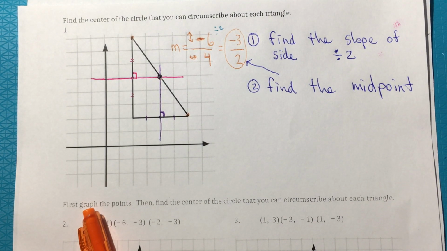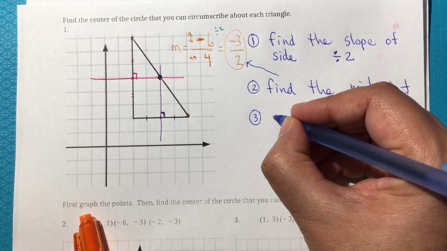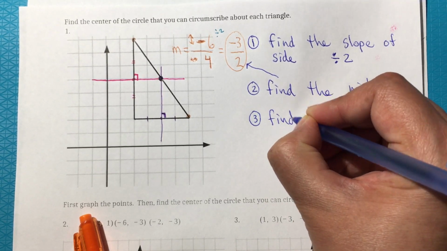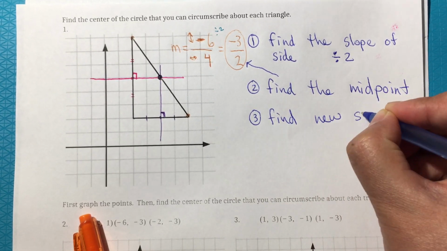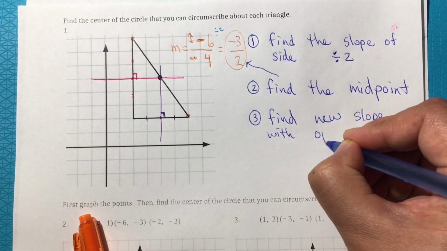The next step is to find the opposite reciprocal, meaning the new slope. Okay, find new slope with opposite reciprocal.